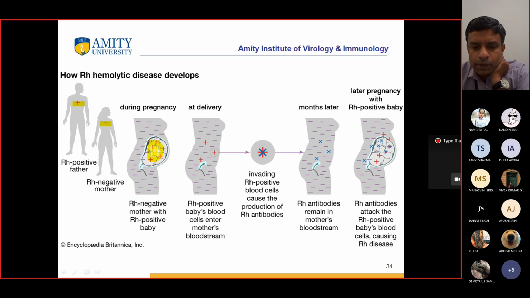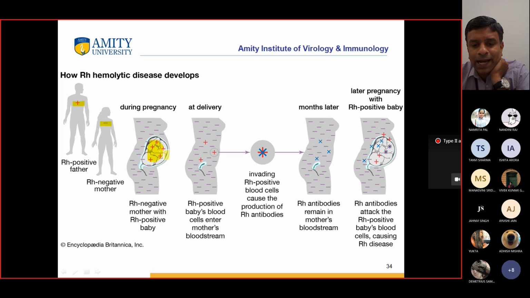But at this time the fetus is basically protected from the mother's antibodies, because at this time the mother is not producing any antibody against this antigen.